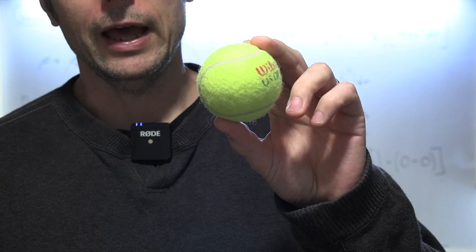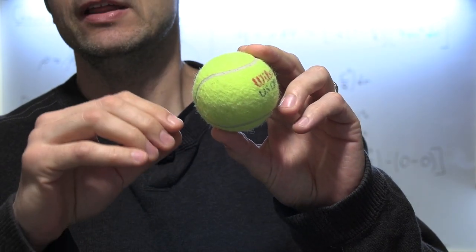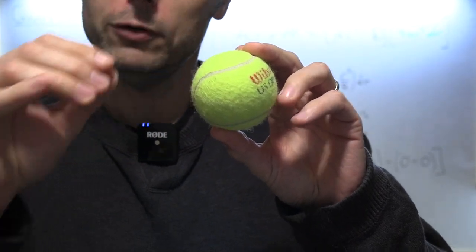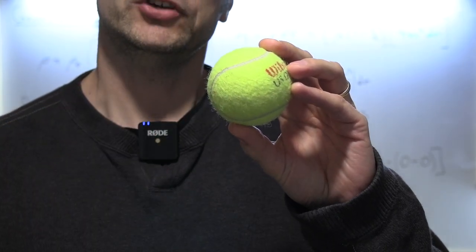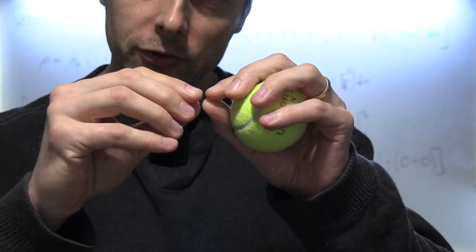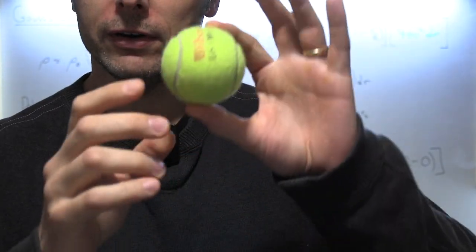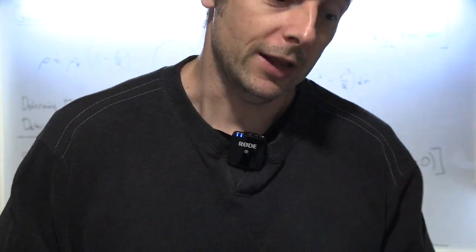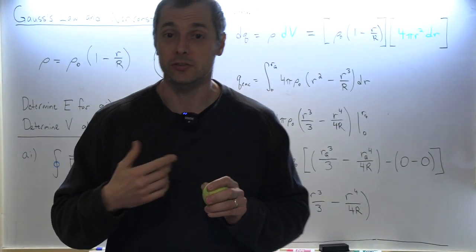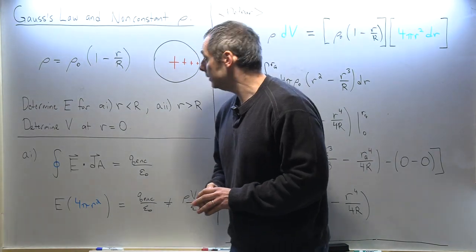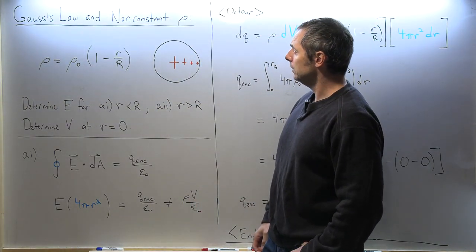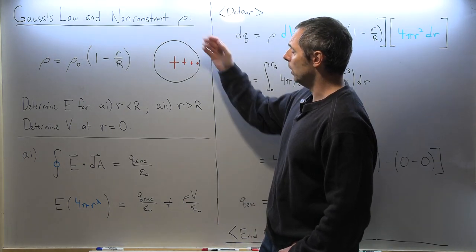But today we're going to look at how to find the electric field if those little cubes I extract have different charges. In other words, the concentration of the charge varies throughout the object, and in today's example, throughout the sphere. So that's what we're doing today, Gauss's law and non-constant charge densities rho.